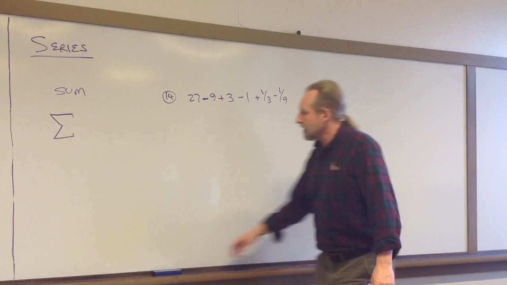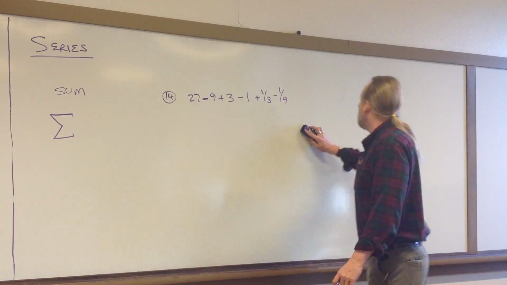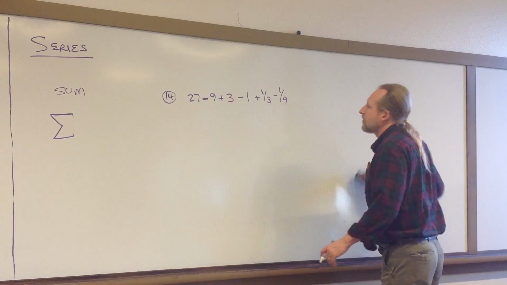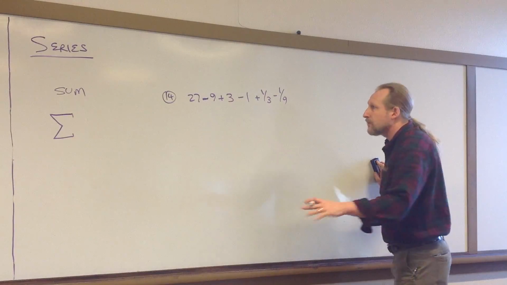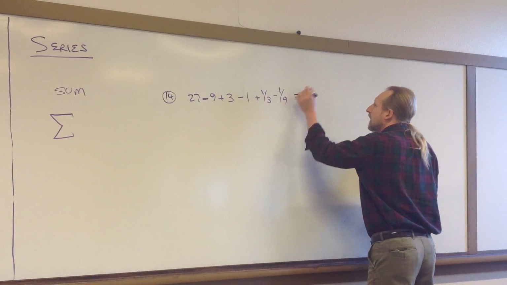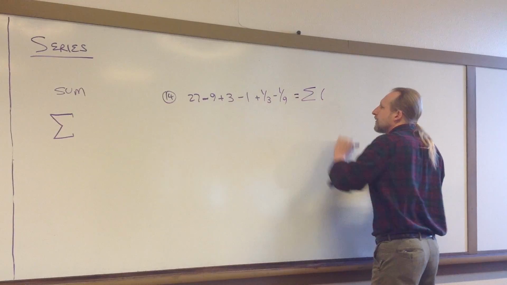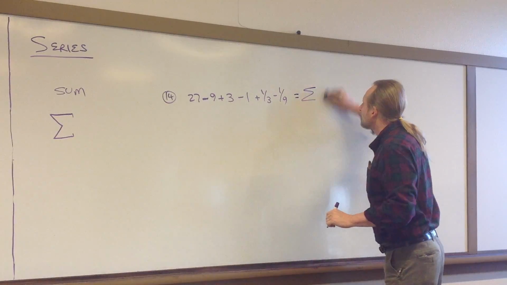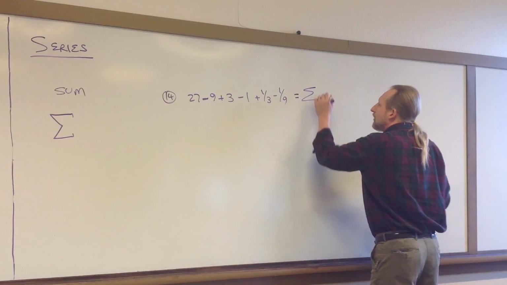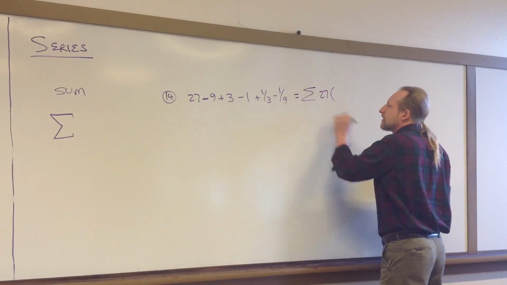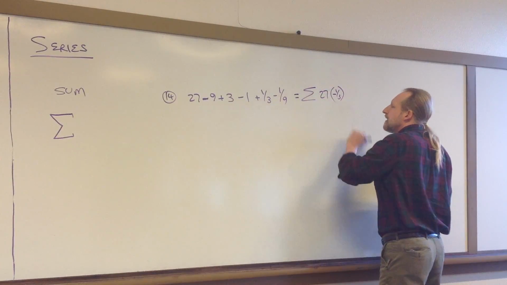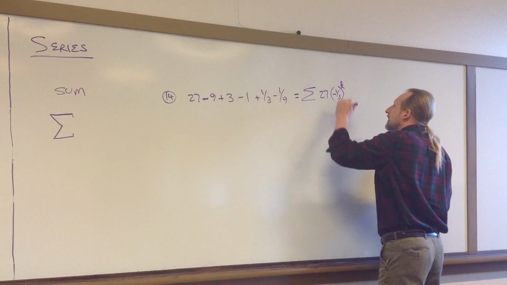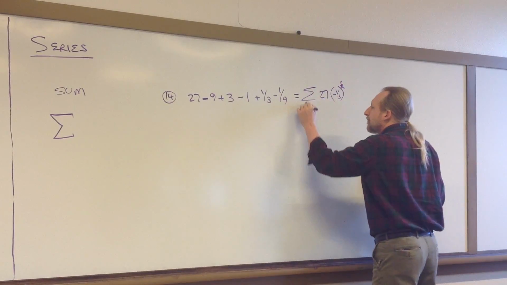So, let's see here. Now, we can include that negative in our formula. We can separate it out if we want to, or we can put it inside the parentheses with the 1/3. So, we'll start off with the 27 as a coefficient, and then negative 1/3 to the k. It depends.